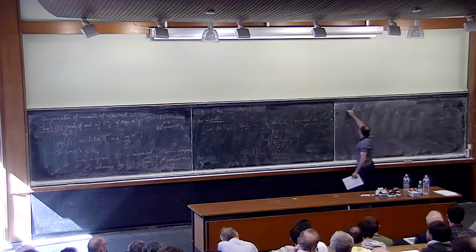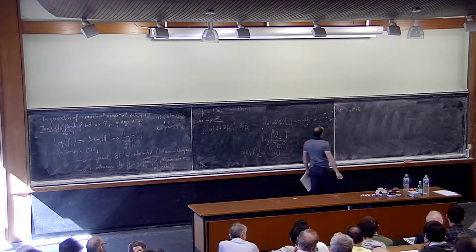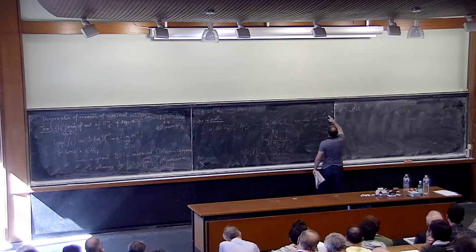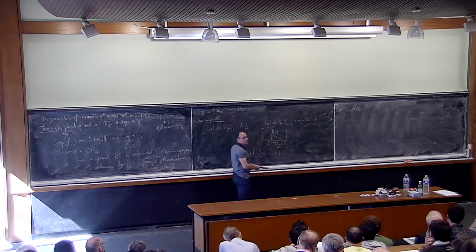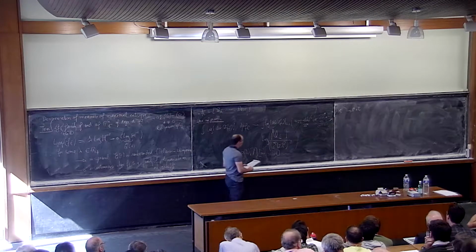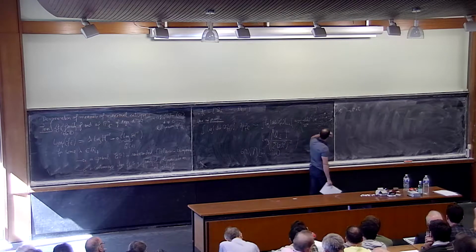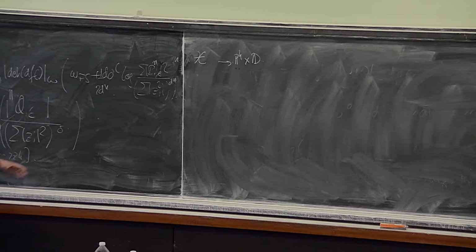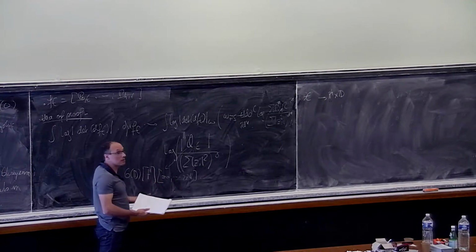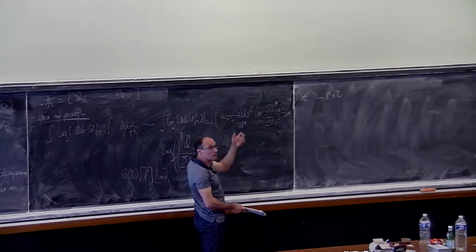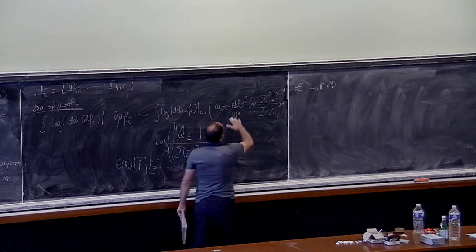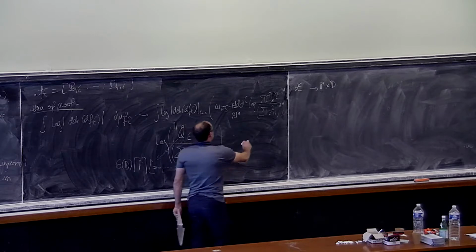But if you blow up the central fiber in the right way, then this family of polynomials gives you a family of sections of the right line bundle, the pullback of O(d^n) on the product space here, and it has some kind of base locus, which is the cosheaf of ideals. So if you blow up this base locus, then you obtain a nice model where this function behaves very nicely.